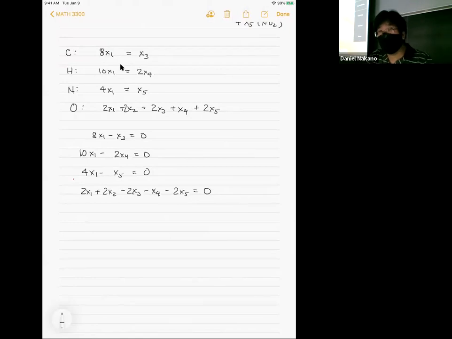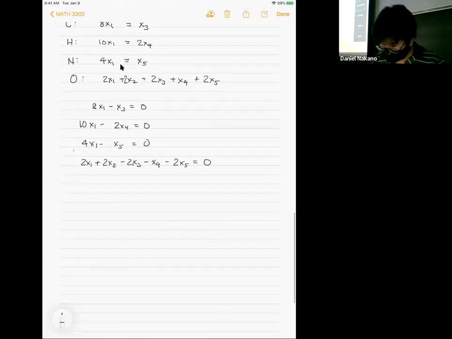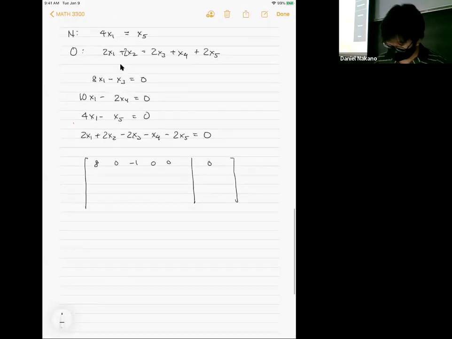So we're left with a homogeneous system of equations. The first equation is 8, 0, minus 1, 0, 0. The second equation is 10, 0, 0, minus 2, 0. The third is 4, 0, 0, 0, minus 1. And the last one is 2, 2, minus 2, minus 1, minus 2.